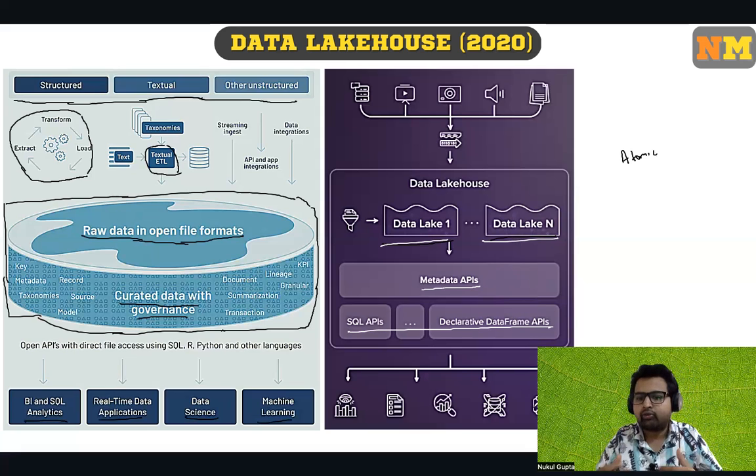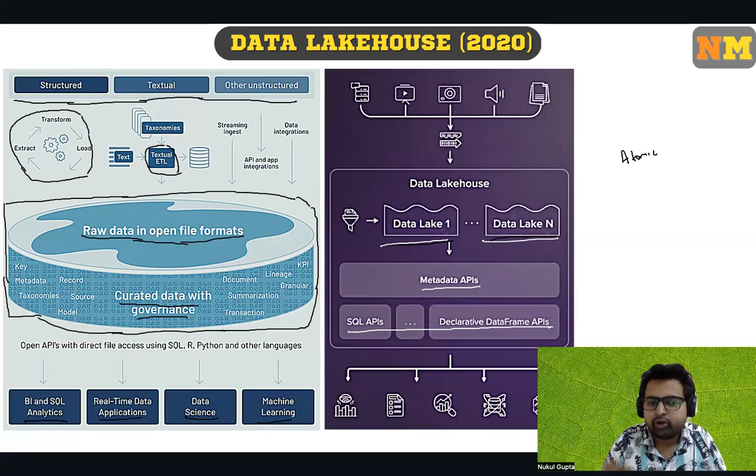Until now what we have seen is that inside a data lakehouse there can be many data lakes, and also the data lakehouse follows some open standards, and we can write APIs for operations.